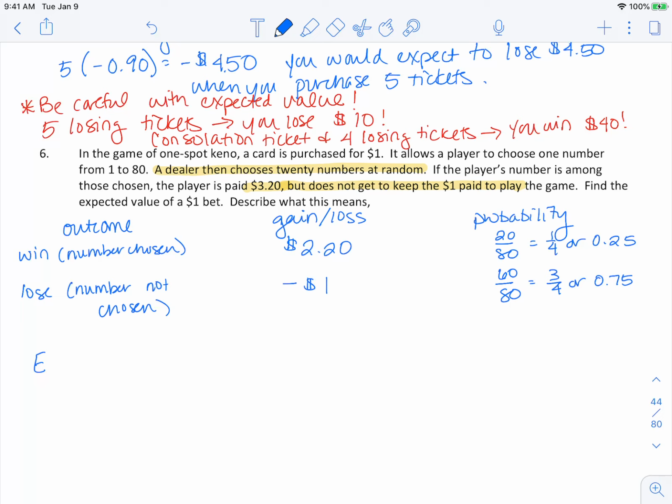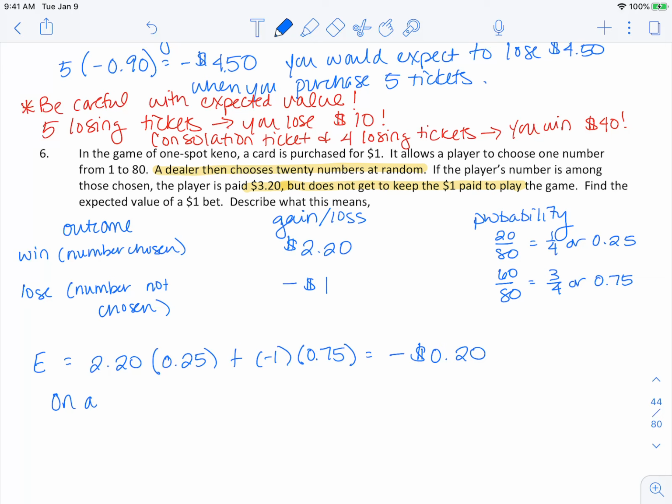So to find the expected value, we have 2.20 times 0.25 plus -1 times 0.75, and this is -0.2 or -20 cents.